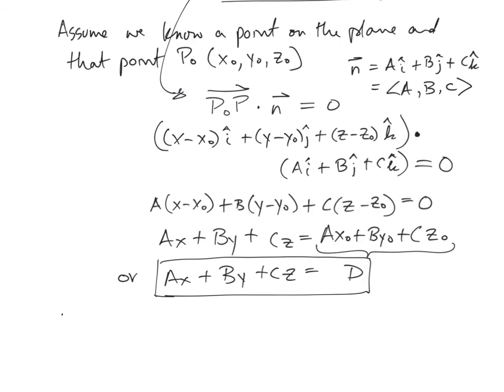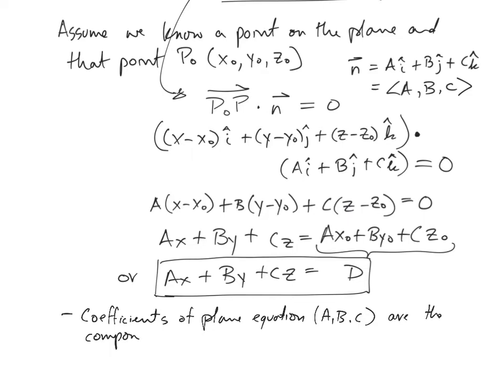Okay, so the coefficients of the plane equation, and by that I mean a, b, c, those coefficients are the components of a vector normal to the plane.